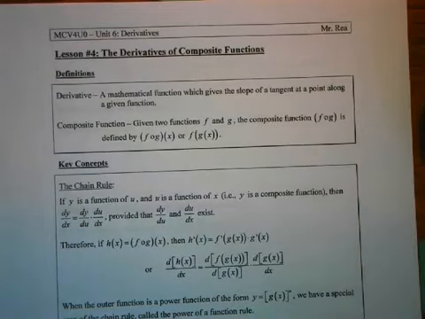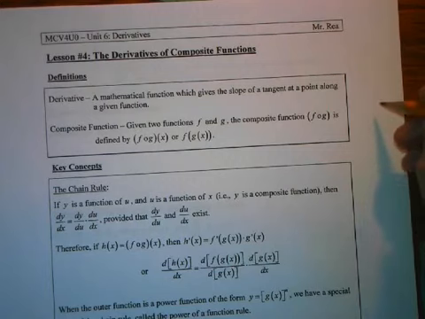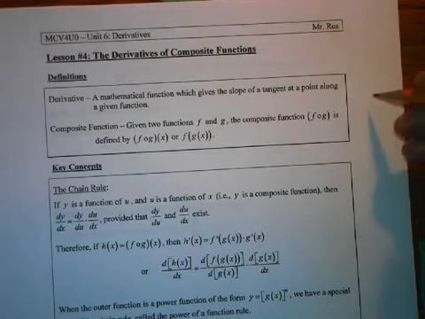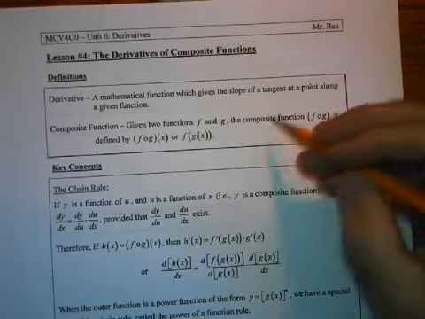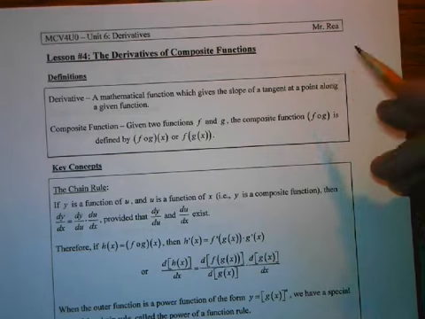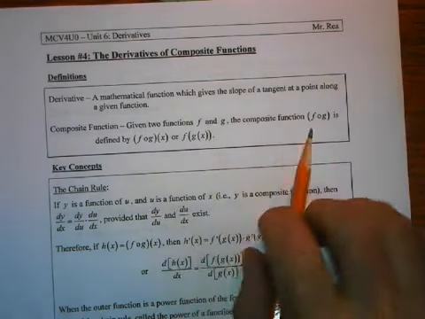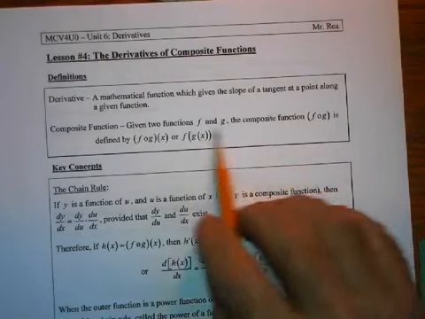The composite function, if you remember from probably the last unit in advanced functions, you may have skipped over this pretty quick, depending on how much time you had to learn the course. Actually, I think we learned it in grade 11 too. So just a reminder, basically a composite function is a function of a function, okay? So I've got the definition here. This is kind of the terminology.